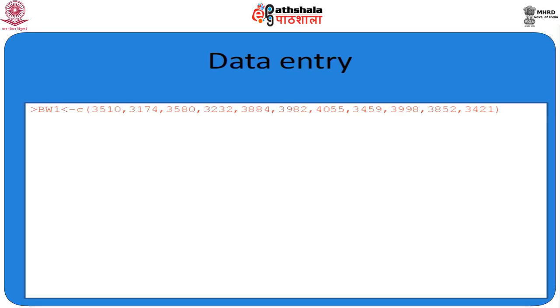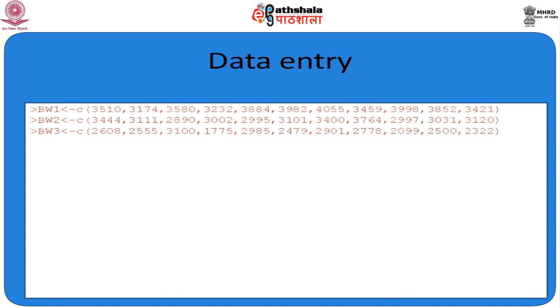I create the variable BW1 as the birth weight of group 1, then BW2 as the birth weight of group 2, BW3 as the birth weight for group 3, and BW4 for group 4.